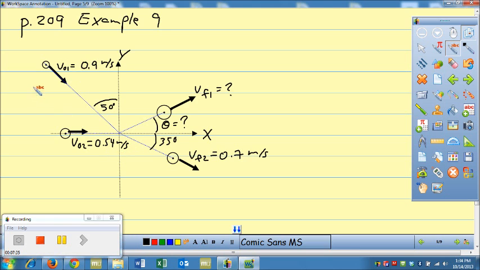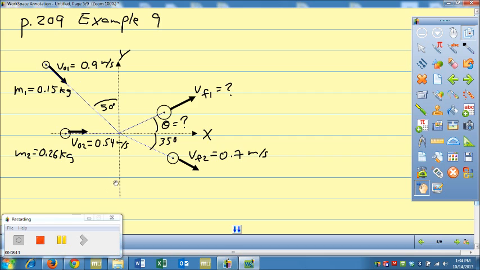We also know that M1 equals 0.15 kilograms, and M2 equals 0.26 kilograms.